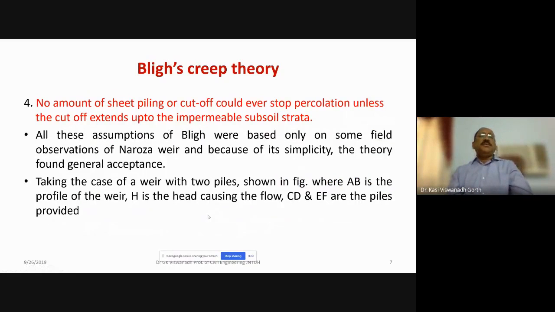The fourth assumption made by Bligh: no amount of sheet piling or cutoff could ever stop percolation unless the cutoff extends up to the impermeable strata.